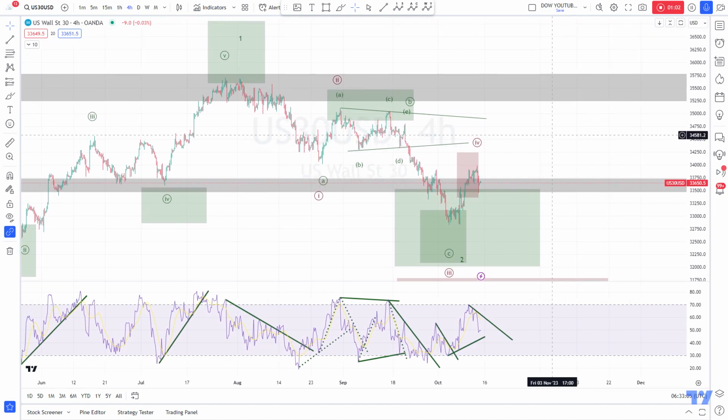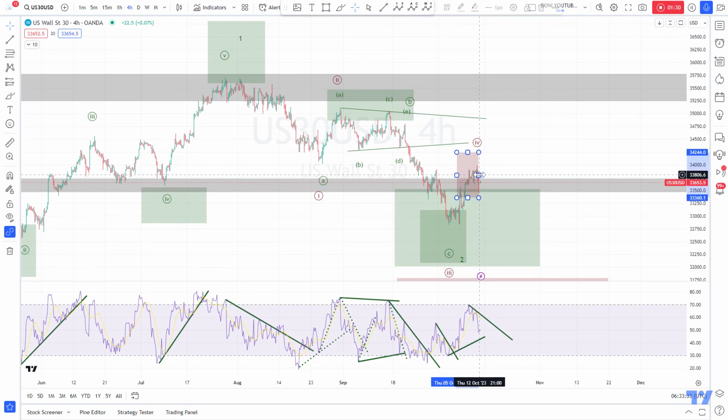But the bottom line here on the lower time frame is that in case of the scenario in green where the wave 2 is in, we should hold this low and we should get an impulsive structure right here. As long as we do not get this impulsive structure, then that would mean that this scenario in red can still play out as a 1, 2, 3, 4.